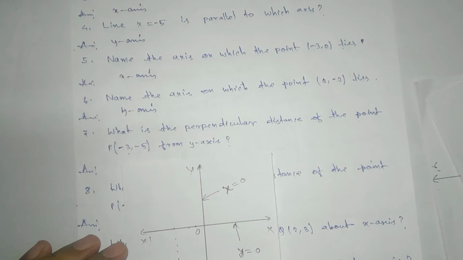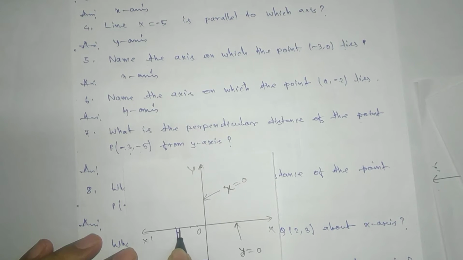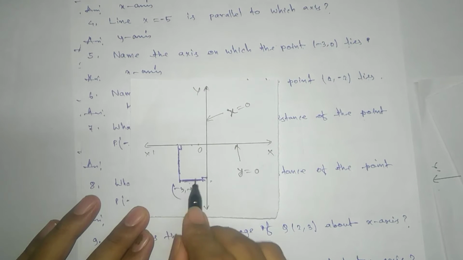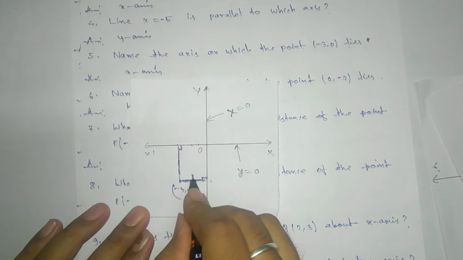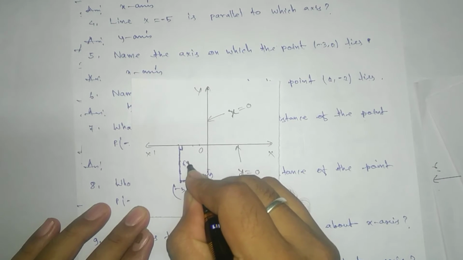This is the perpendicular distance from the y-axis, and this is the perpendicular distance from the x-axis. The coordinate is negative, but distance will be positive. So this is 3 units and this is 5 units.